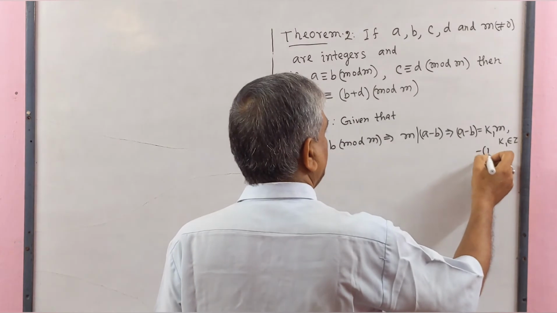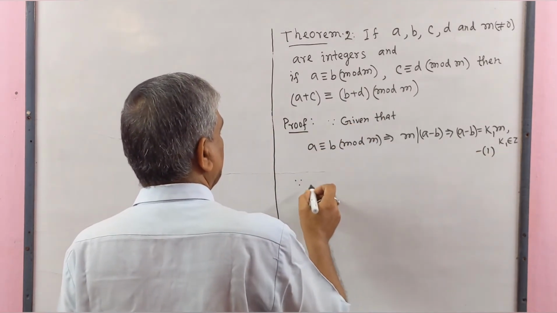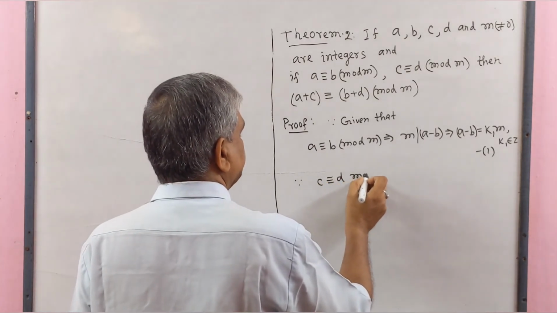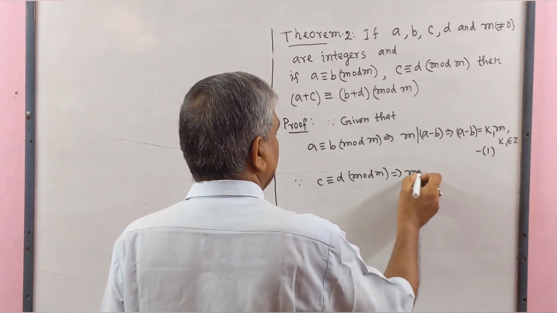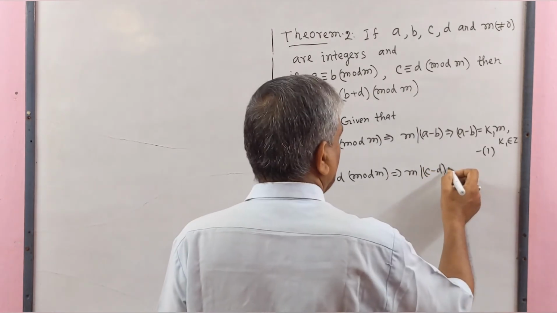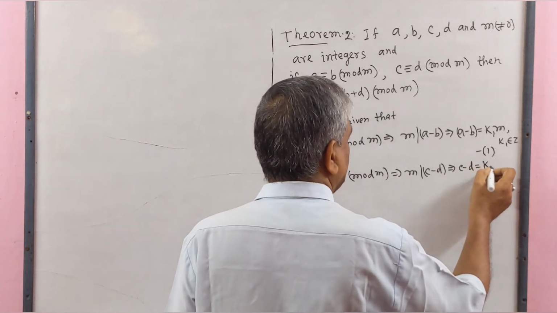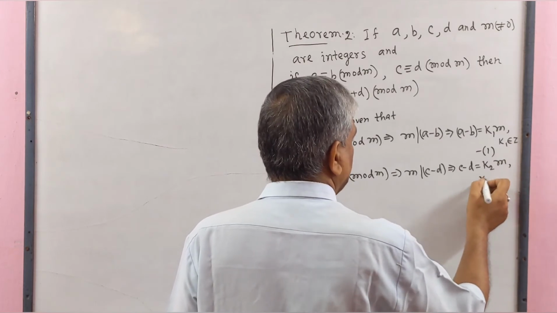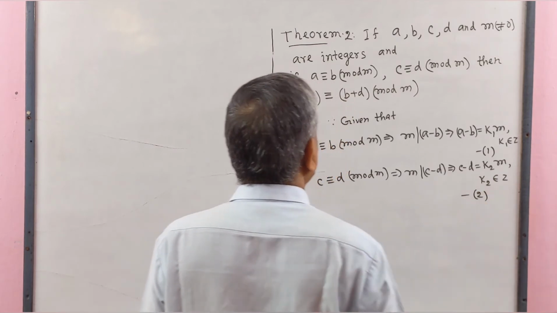This is number 1. Again, given that c is congruent to d modulo m implies that m divides c minus d, which implies that c minus d equals an integer k2 m, where k2 is an integer. This is number 2.